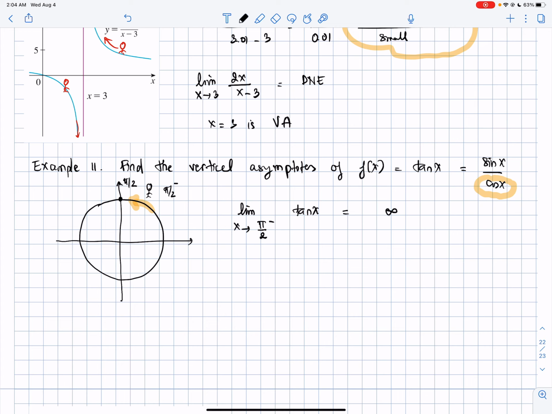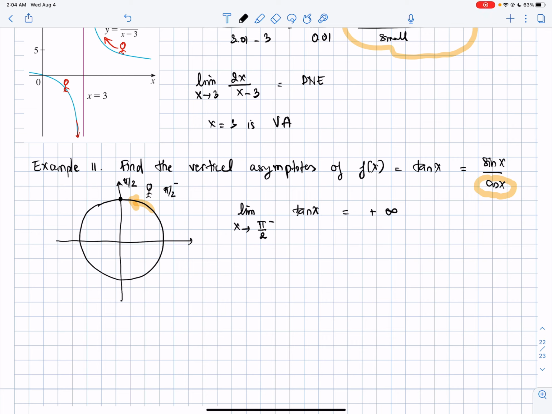And it will be positive infinity because we're in quadrant number 1. Why infinity? Because the sine of x approaches some number and the cosine approaches 0. So you can say it's really small. When a number is divided by a really small number, it gives us infinity. And we know it will be positive infinity because we are in the first quadrant.